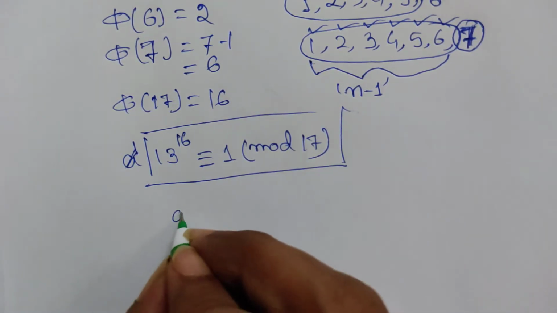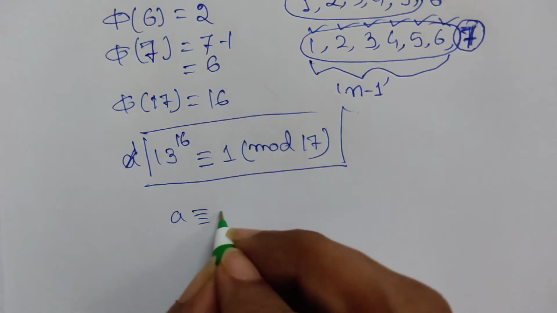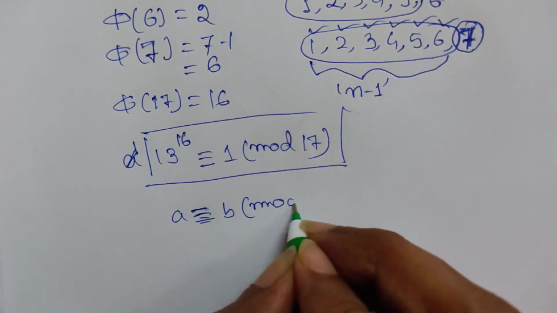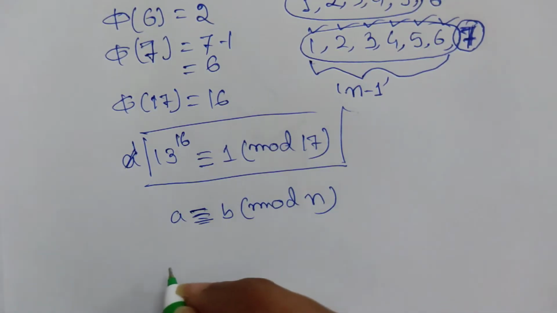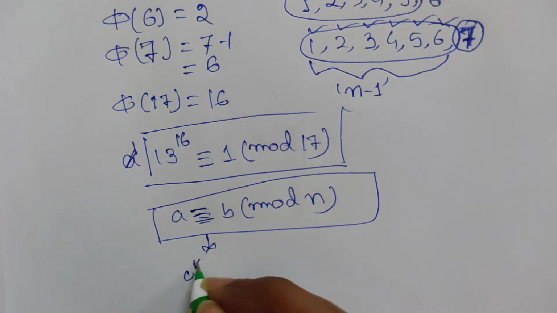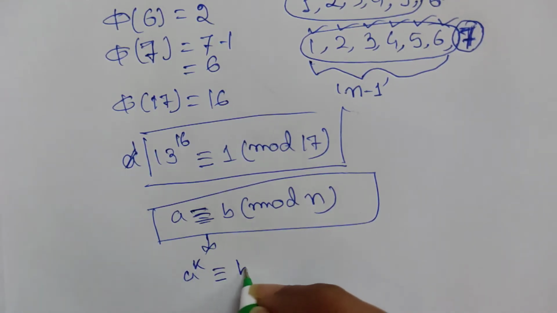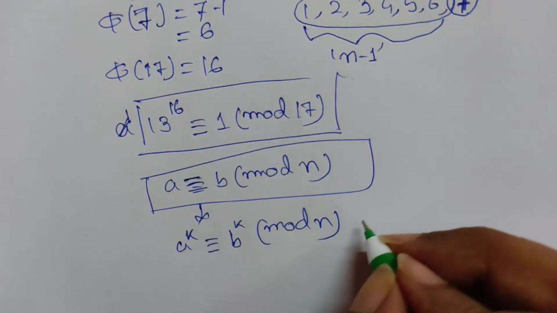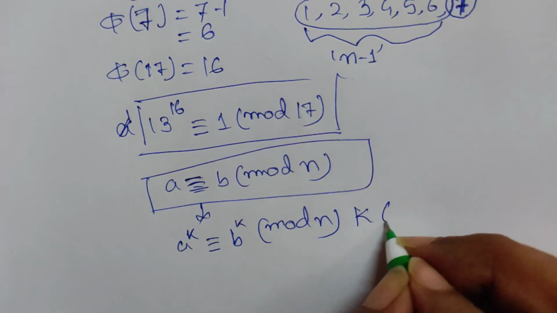If we have a congruent modulo b mod n, then from this expression we can also write a to the power k congruent modulo b to the power k mod n, where k is a positive integer.